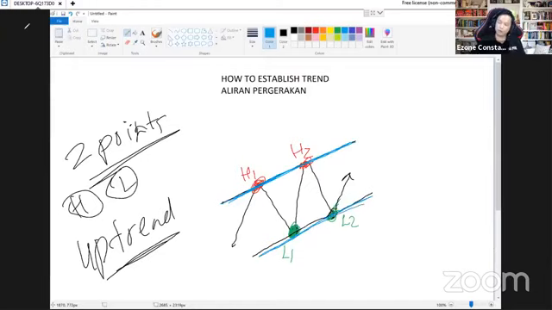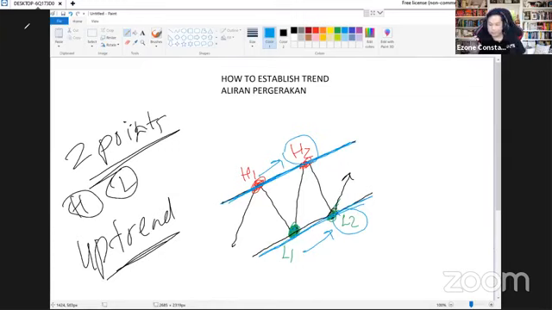Now the rule of uptrend is very, very simple. You need to have this low pivot point where L2 must be higher than L1. Simultaneously, the high pivot point also must be higher than the previous one.